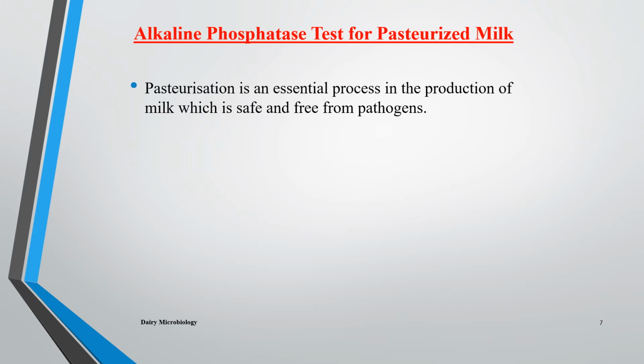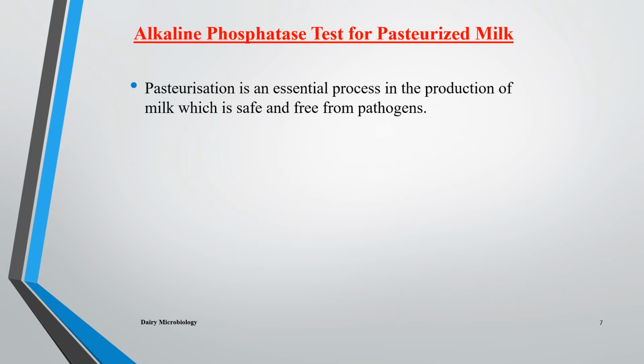The first method is low temperature holding pasteurization or low temperature long time pasteurization, in which the milk is exposed to a temperature of 63 degrees Celsius for 30 minutes, and after heating there should be immediate cooling of that milk to refrigeration temperature.